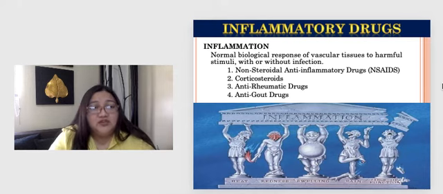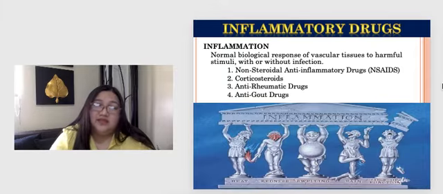Pag merong infection, laging may inflammation. Pero hindi porket may inflammation ay merong infection. Okay? Kasi nga, si inflammation, any kind of injury. Madapa ka nga lang, di ba? May inflammation yon, may injury pero hindi ibig sabihin nun na may infection ka.